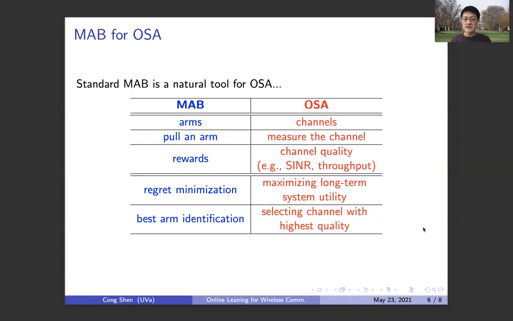The second part is best arm identification, which tries to identify the best arm either with a given time budget or with a given target precision probability. This corresponds to selecting the channel with the highest quality, and it is also valuable to consider best arm identification algorithms in the OSA setting. In fact, I will talk about one example in this direction as a first example in this part of the tutorial.